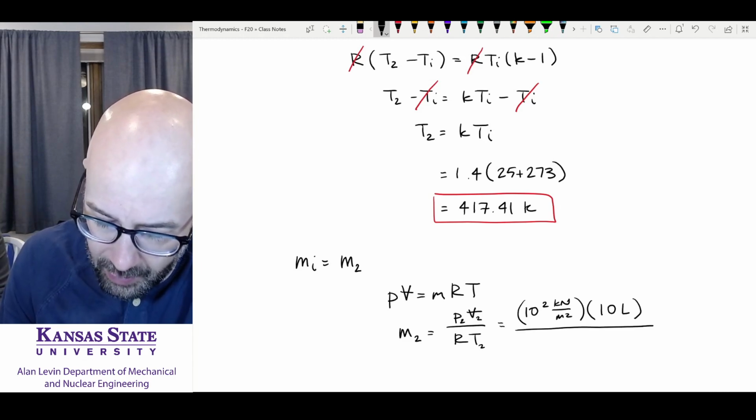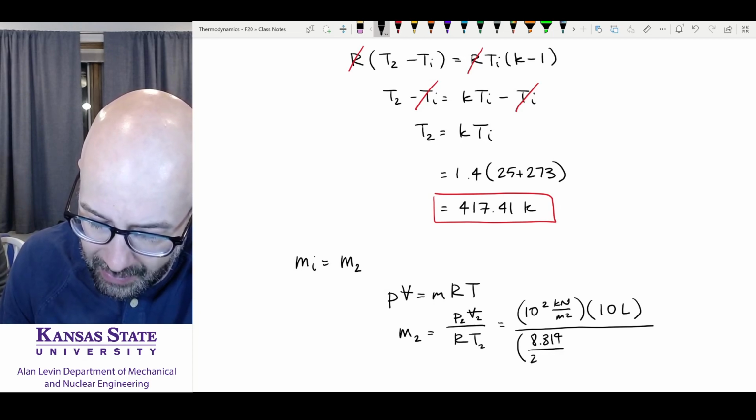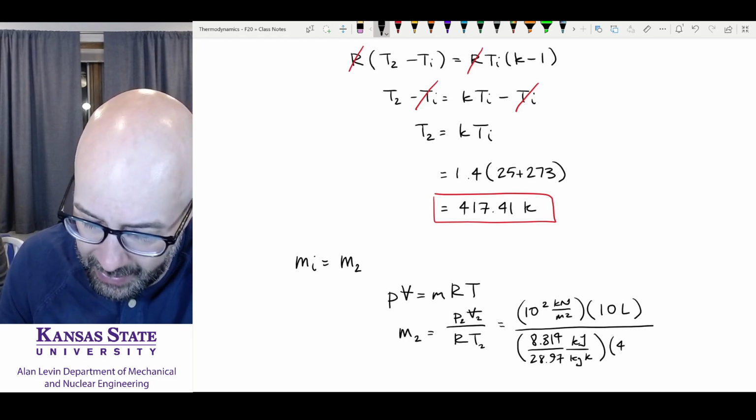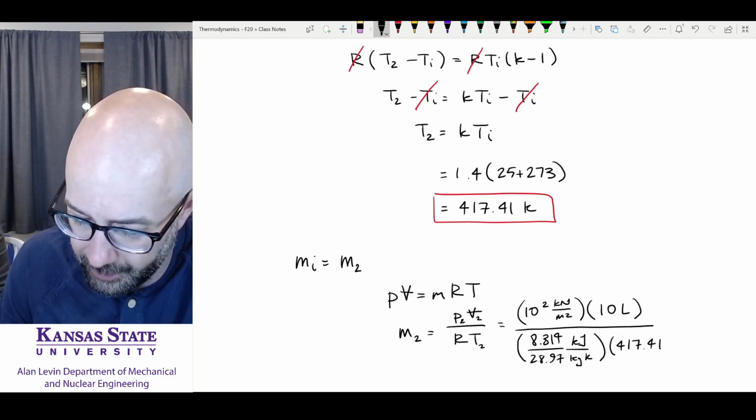My R value is going to be 8.314 divided by 28.97 kilojoules per kilogram Kelvin. And my temperature was 417.41 Kelvin.